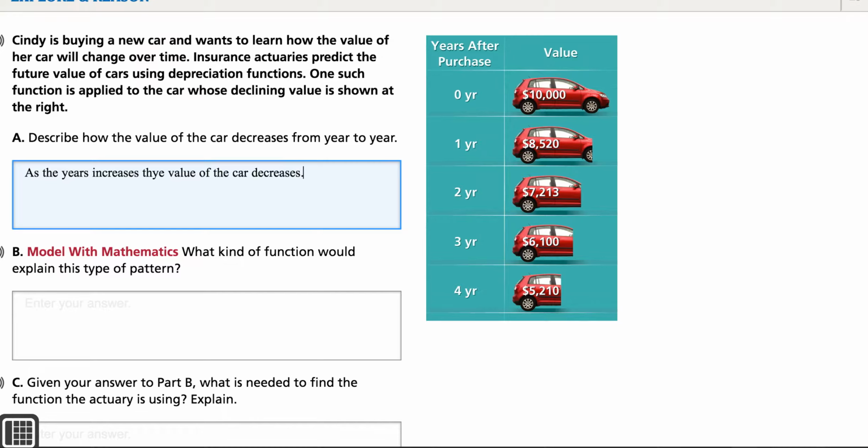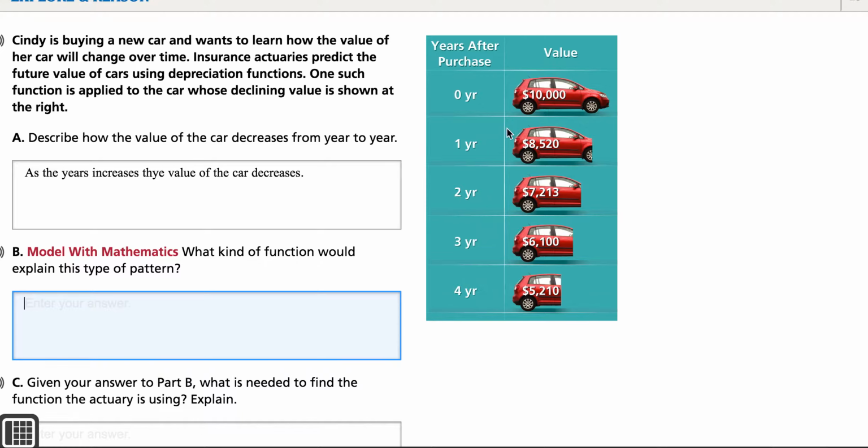Now, the second one, model with mathematics. Part B. Model with mathematics. What kind of function would explain this type of pattern? How could you determine the relationship between the consecutive values in the table?